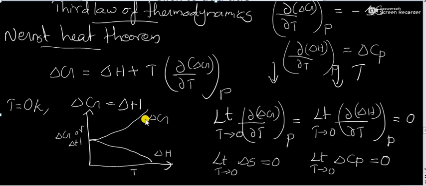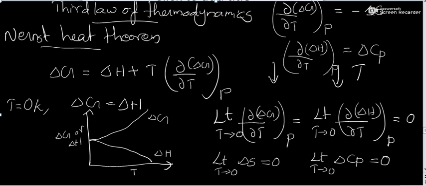Then according to Nernst, he also suggests that the value dou by dou T of delta G at constant pressure approaches 0 asymptotically as the temperature is lowered towards absolute 0. This statement is known as Nernst heat theorem.